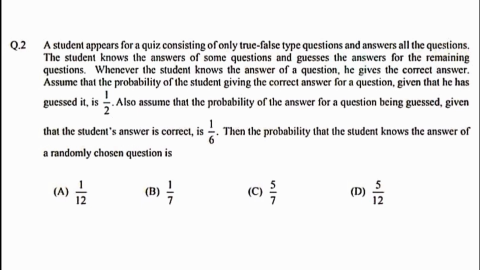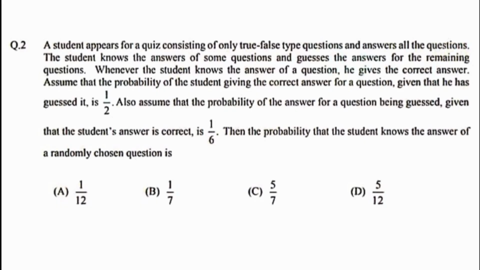Assume that the probability of the student giving the correct answer for a question, given that he has guessed it, is half. That means probability of correct answer given that guessing the answer is half.